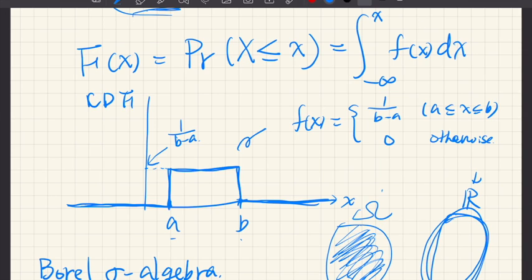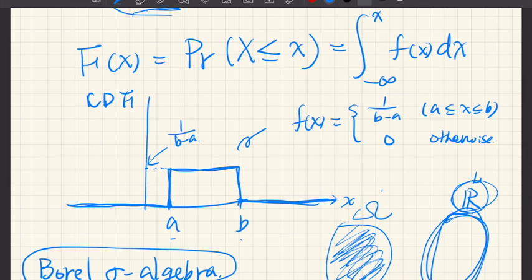So this is a sigma algebra defined for real numbers. This is a collection of subsets of real numbers.